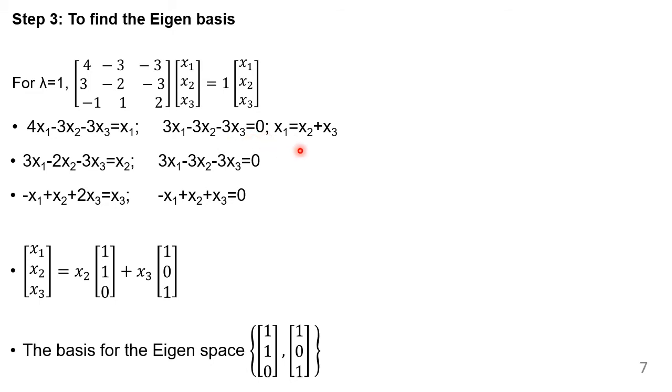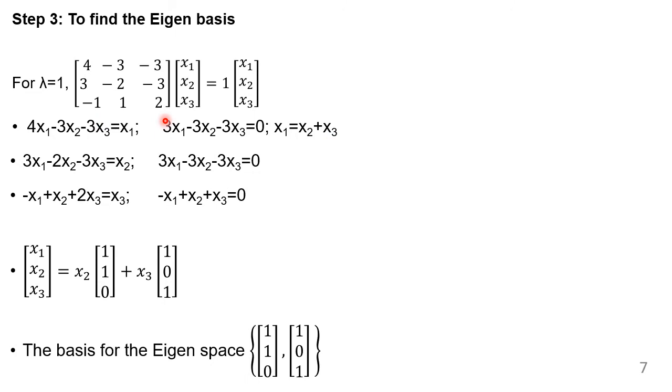In other words, I can write that x1 is equal to x2 plus x3. Let me take the second row of this matrix A. It is 3x1 minus 2x2 minus 2x3 is equal to x2. When I simplify this, once again I get 3x1 minus 3x2 minus 3x3 equal to 0. So further simplification will give me x1 is equal to x2 plus x3.